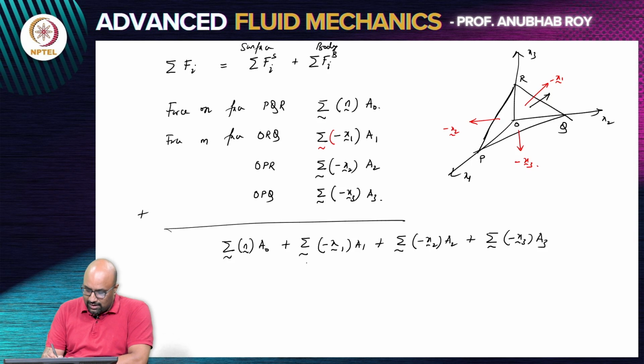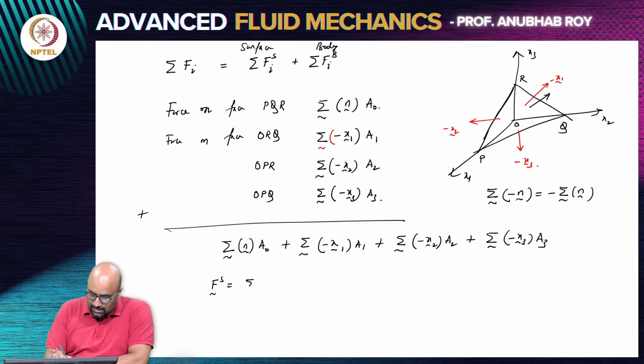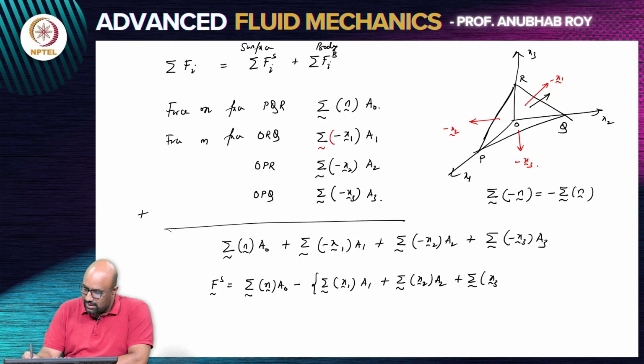And we just saw that sigma of a negative of a normal is the negative of the surface force of that normal. If you remember, sigma is the surface force, so sigma of minus n is minus sigma of n, which means I can write the total surface force as sigma n A naught minus sigma x1 A1 plus sigma x2 A2 plus sigma x3 A3.